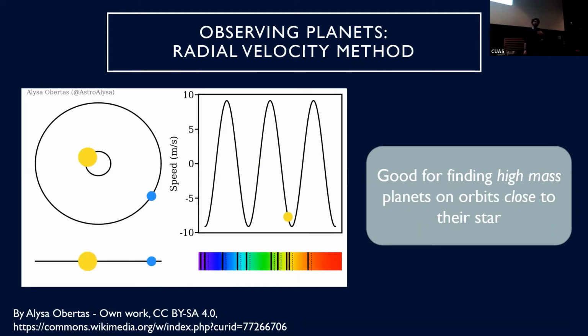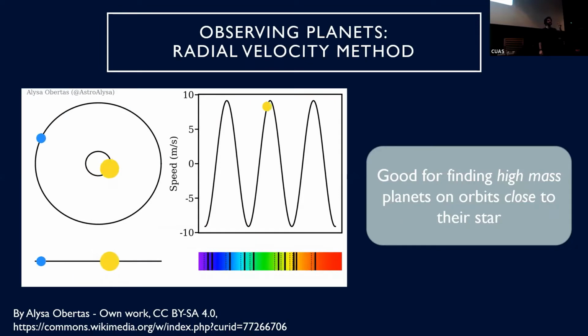And the result is, if you stare at the star, the light that the star emits wobbles. So if you look at the bottom right here, where this panel is, and you see this light, you can see these black lines. Now these are emission lines from the star that we know from our own sun can only appear in certain places. Now when they wobble periodically like this, it means that there must be something that's tugging the star to and fro in such a way that you get this repeating pattern.